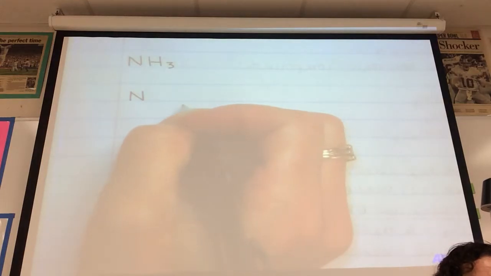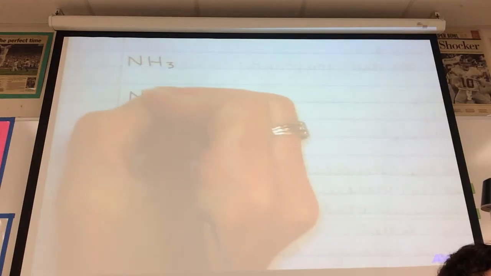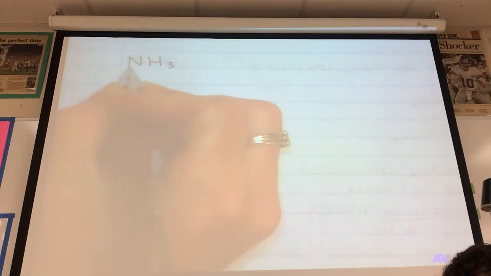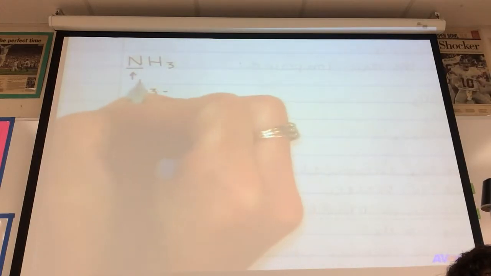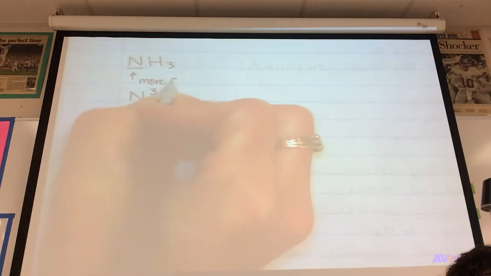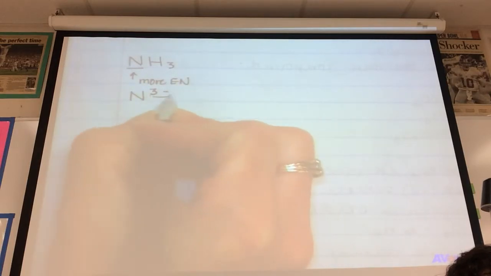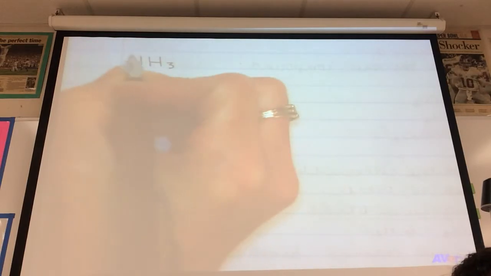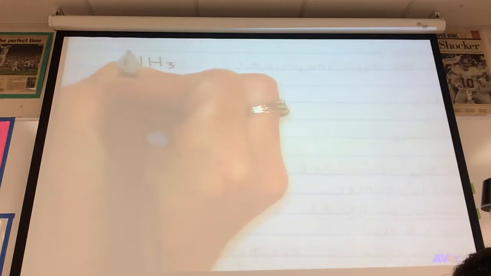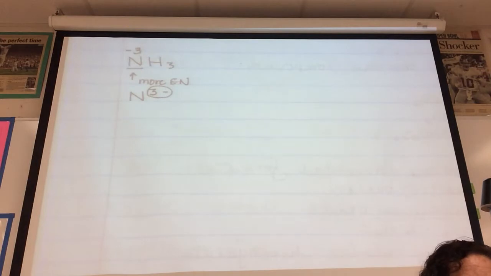And if you had a nitride ion, what's the charge on a nitride ion? Group 15. 3- is correct. So nitrogen's more electronegative, and if it were by itself, it would have a 3- charge. So the oxidation number of nitrogen here is -3. I'll show you how to determine hydrogen in a little bit.